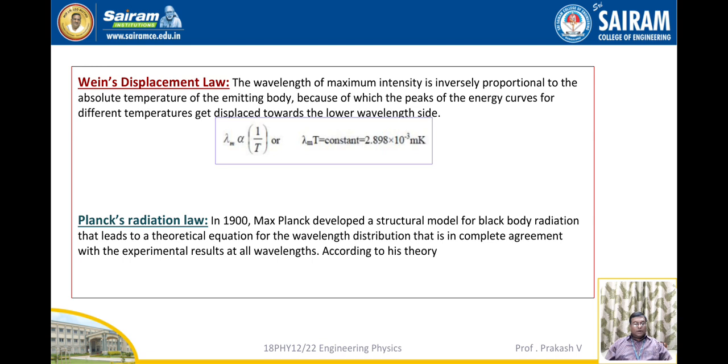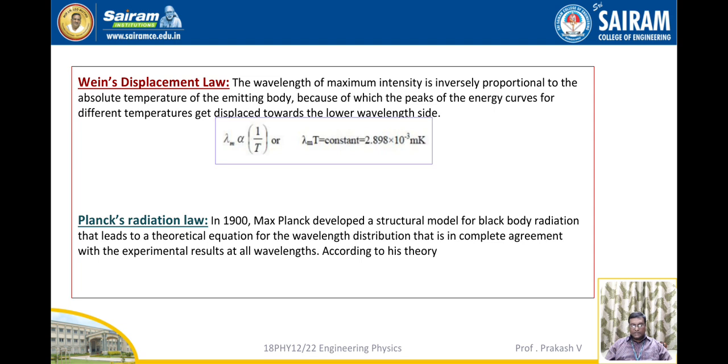Next, Planck's radiation law. In 1900, Max Planck developed a structural model for black body radiation that leads to a theoretical equation for the wavelength distribution that is in complete agreement with the experimental results at all wavelengths.